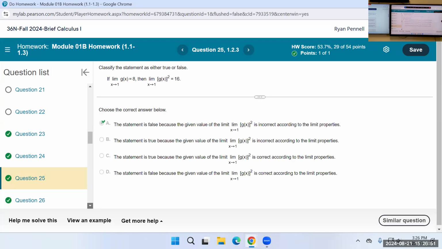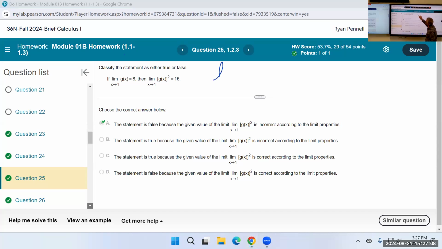Classify the statements as either true or false. Now, this is something I'm going to have to refer to the book, and I posted it already in my lecture notes for you, because I'm just going to have to state it as a fact. Let's just break down what the question is first.